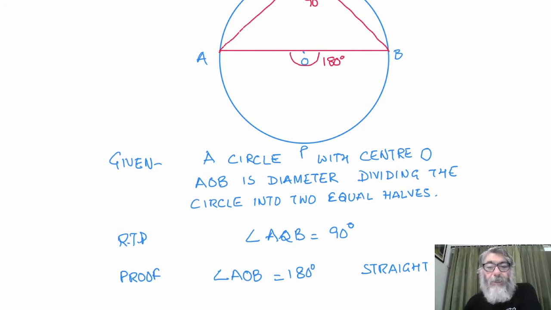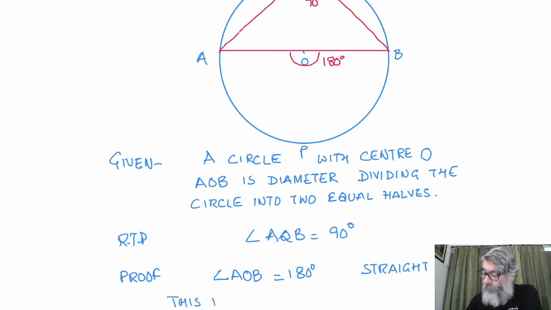It is a straight line. Though I have done this when I was depicting the angles subtended by the arc at the center, this particular condition was also brought in, as you will see in my earlier videos. But I am going to prove it now. AOB is 180 degrees.